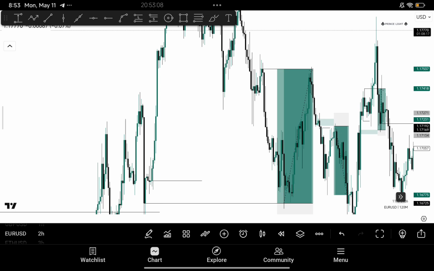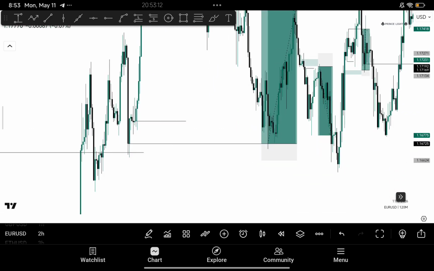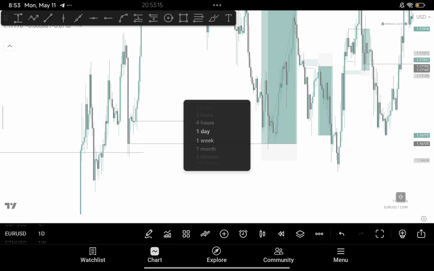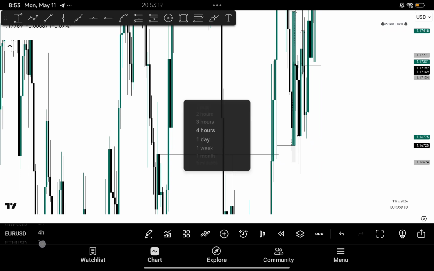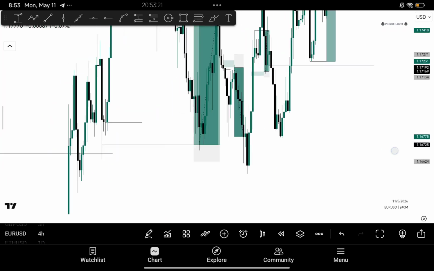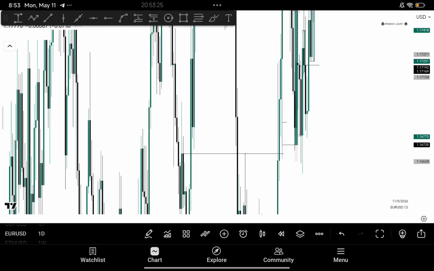Also, you can see how price got to TP and instantly started dropping back down. Right now, you can see price, I think price respected the same thing right here.